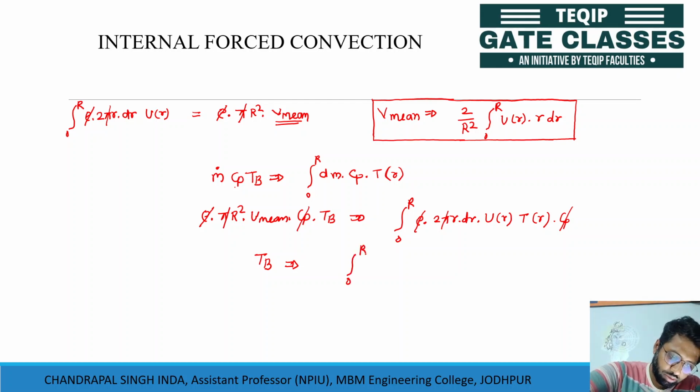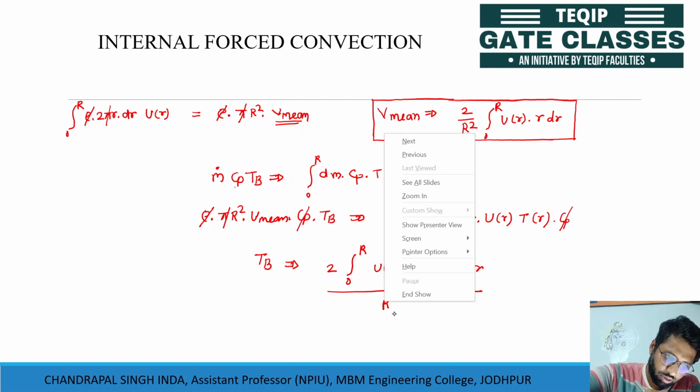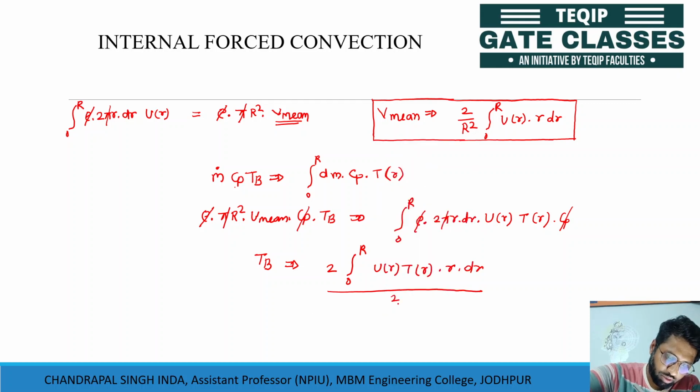integral from 0 to r of u(r) T(r) r multiplied by dr, divided by r square into v mean.